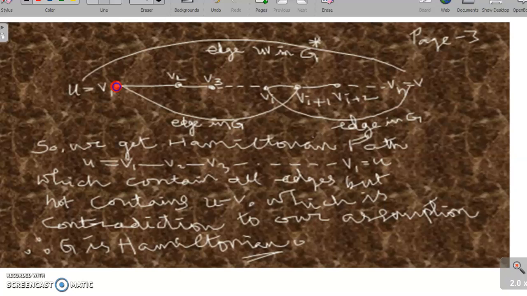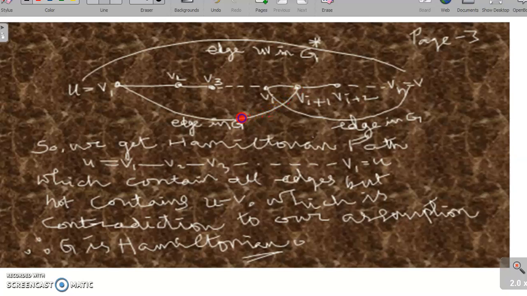Am I correct? So in this Hamiltonian, there is a contradiction here. What is the contradiction? The contradiction is that this is a Hamiltonian path, but what is the condition, with G plus uv you have to take, then only it will be Hamiltonian. But without adding this uv, okay, I am starting here, coming over here, and then I am moving here, then coming over here.